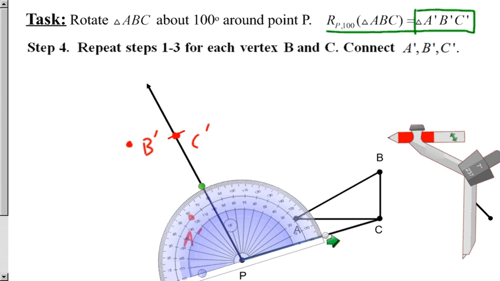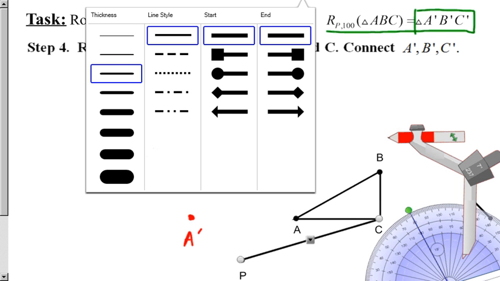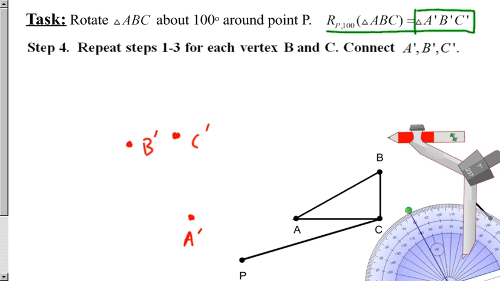Now let me get rid of the rest. I don't need that anymore. I don't need that anymore. And then I could also go there. I don't need that anymore. Let me leave that just to show you the angle. So then how do we construct the triangle A prime, B prime, C prime? By simply connecting the points, which I will do in black, right?